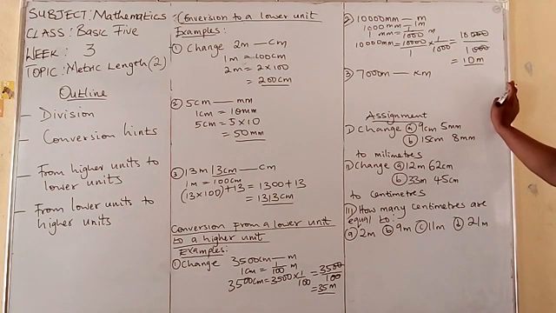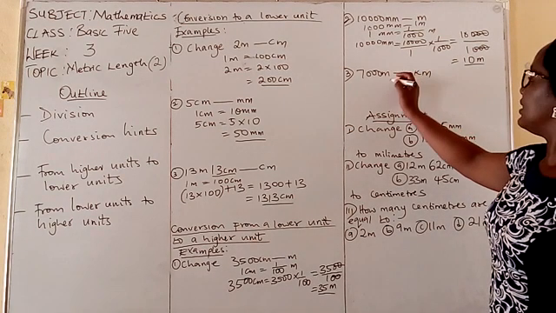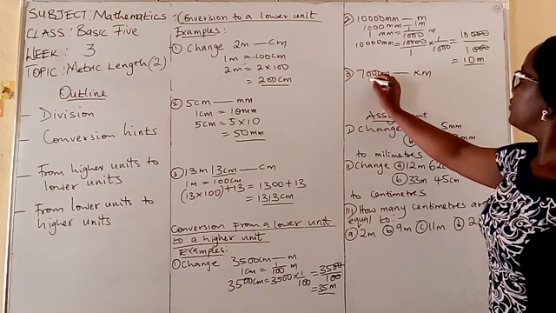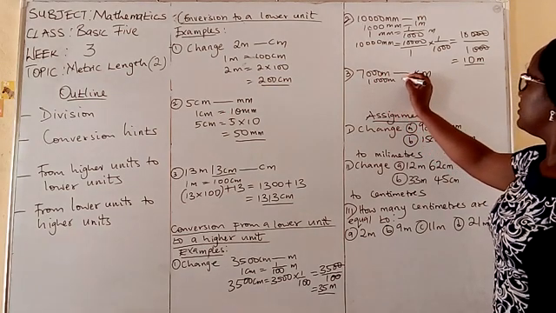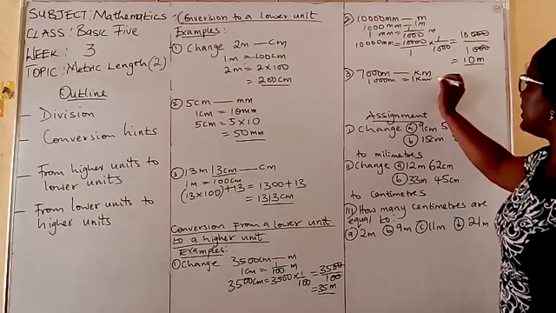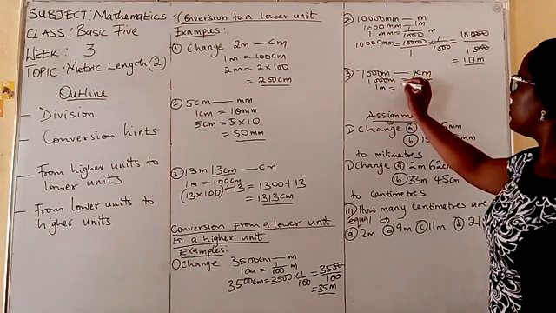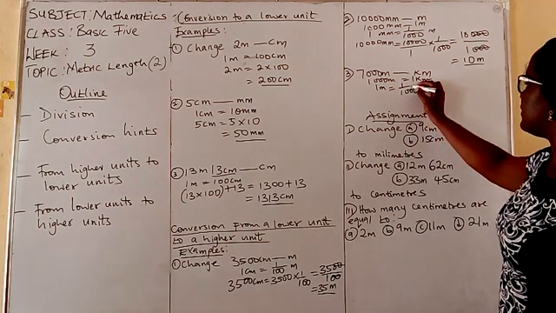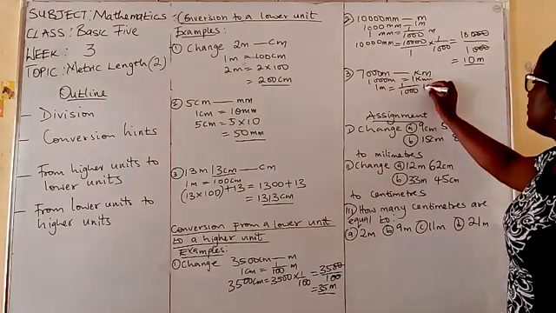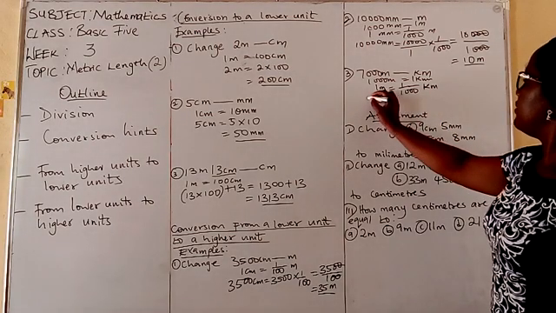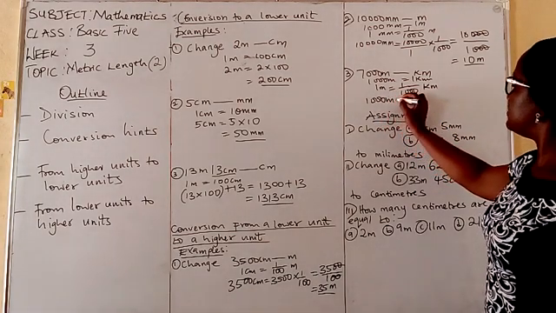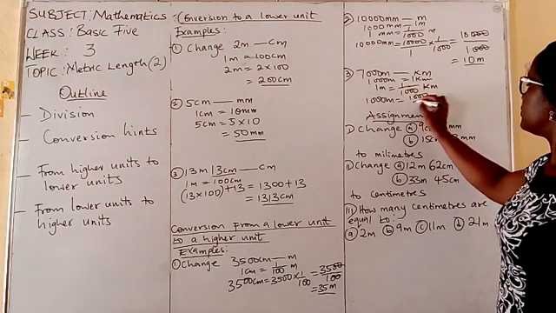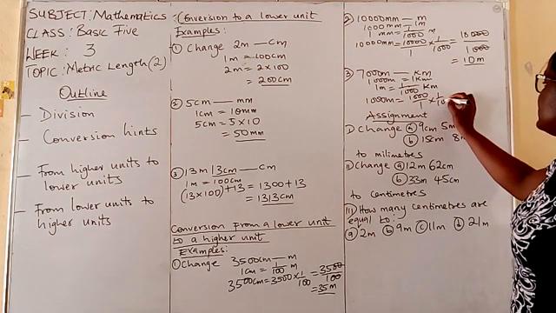Okay, we go back to the next one. Here we have 1,000 meter equals 1 kilometer, and 1 meter equals 1/1,000 kilometer. So when we have 1,000 meter, you simply do what? 1,000 over 1 times this.